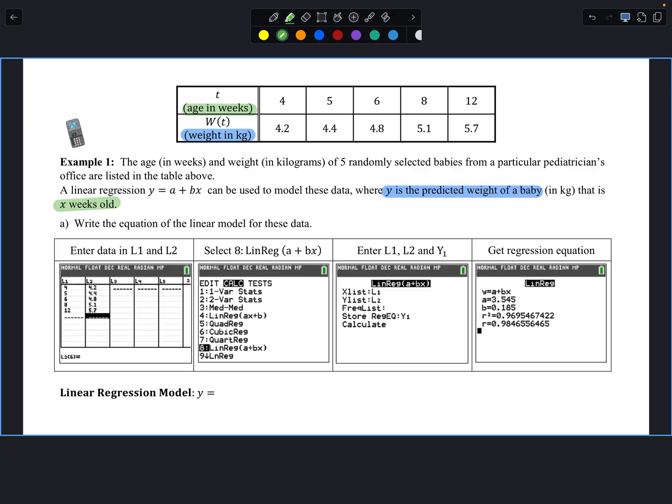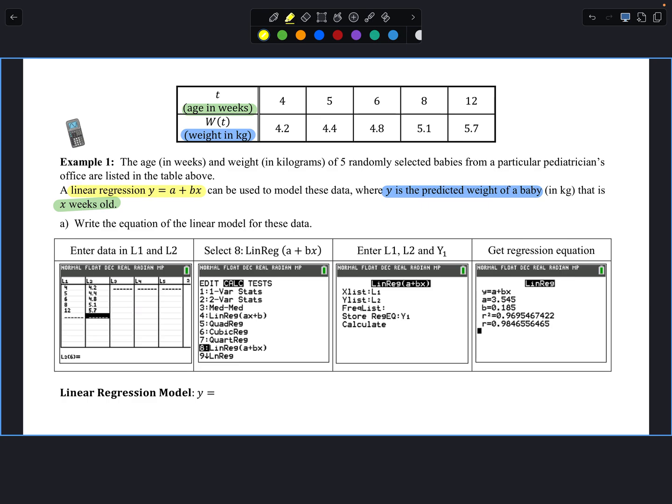Now, in this problem, it says we're going to use the linear regression, Y is equal to A plus BX. This is an option in your calculator, but we need to put the data in first before we do anything else.